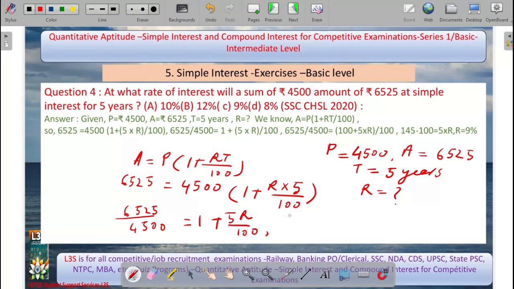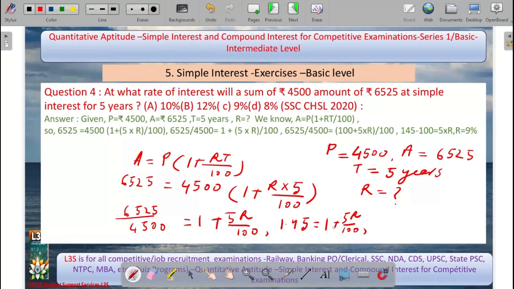Now 6525 by 4500 is equal to 1.45, which is equal to 1 plus 5R by 100.